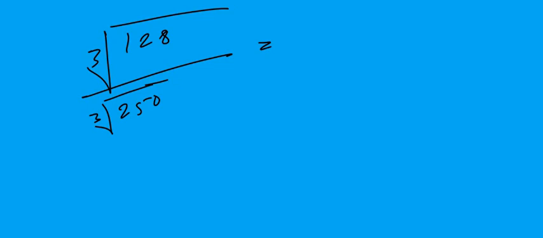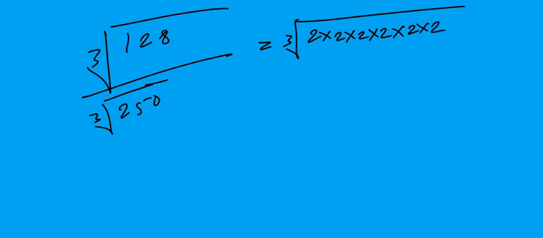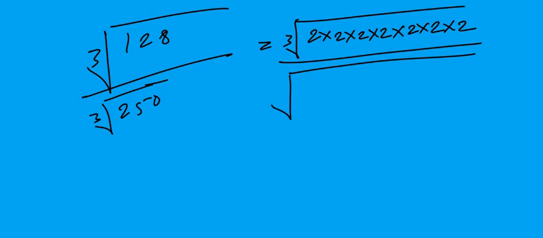This is given: cube root of 128 divided by cube root of 250. So what we will do, we will write the prime factors. Cube root of 128: 2, 2 twos are 4, 2 fours are 8, 2 eights are 16, 2 sixteens are 32, 2 thirty-twos are 64, 2 sixty-fours are 128, and below side it is 250. We can write 2 into 5, 10 into 5, 50 into 5, 250.